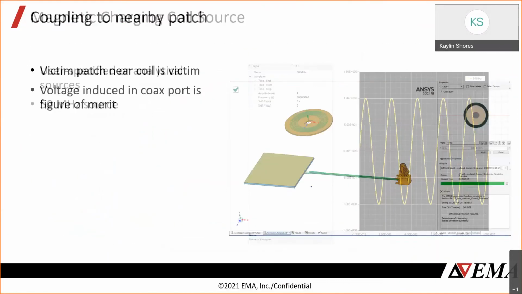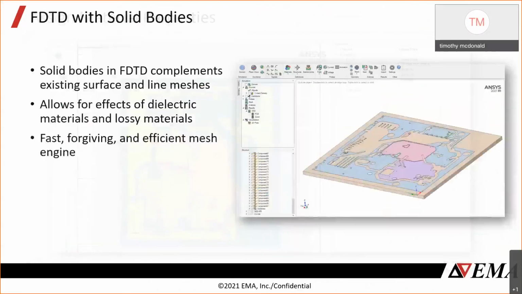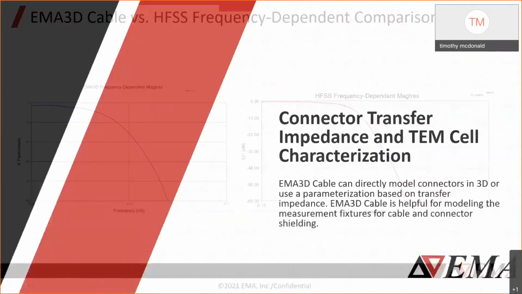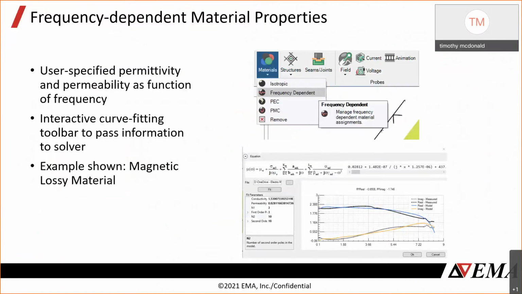Yeah, so let's talk about that. So I'm going to go back to this section that talks about the dielectric material. In this case, EMA3D cable can pull in a true frequency-dependent material. So it can be lossy in an electric kind of way, dielectric losses. It can also be lossy in a magnetic kind of way, magnetic losses.